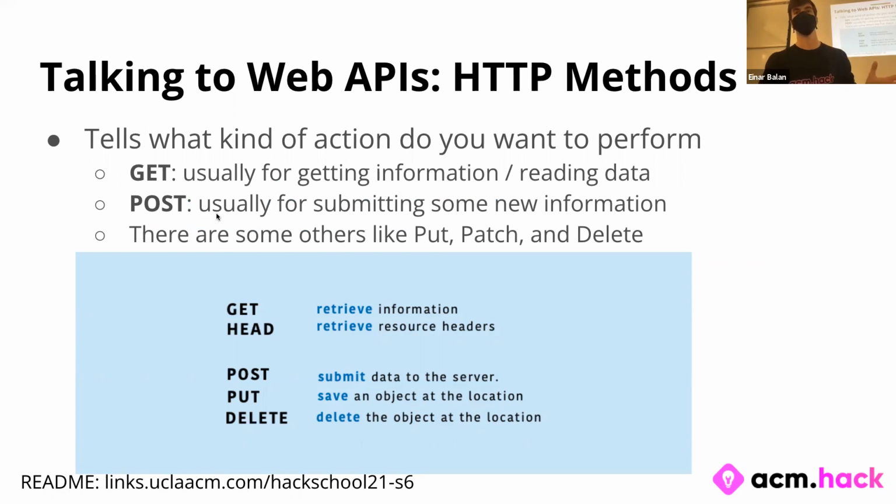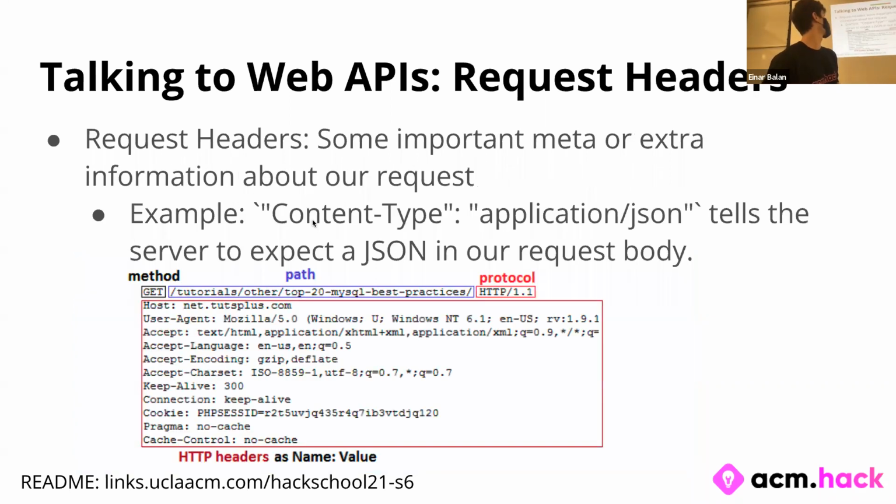It gets a lot more complicated, but let's not talk about it too much. We also have a header, which is just a way to specify some meta information about our request. For example, like I mentioned before, we can have a content type and define it to be JSON, which says that we expect some JSON in our request body.